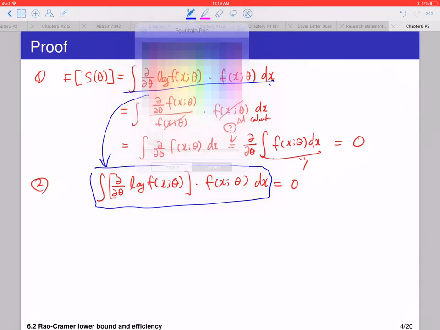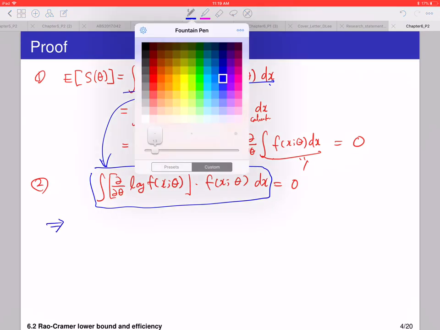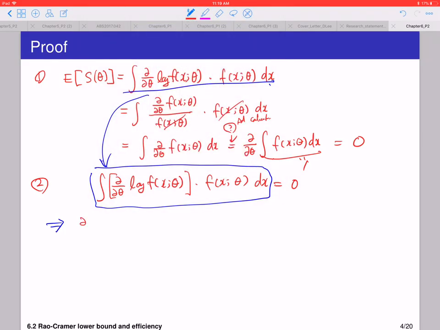So now we are going to apply differentiation. So why not just write it as the integral of S theta times f x theta dx.